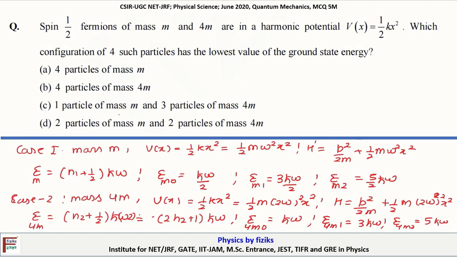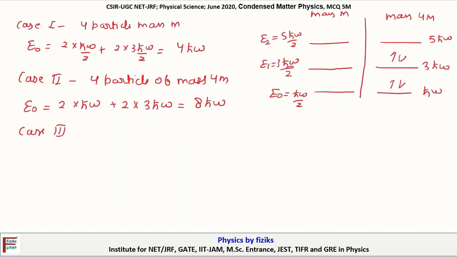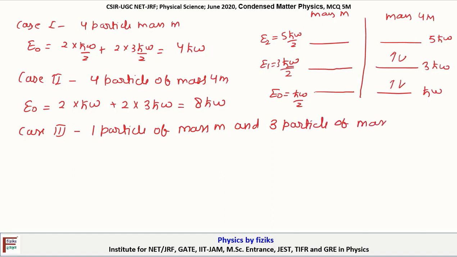Now, case 3, 1 particle of mass m and 3 particles of mass 4m.